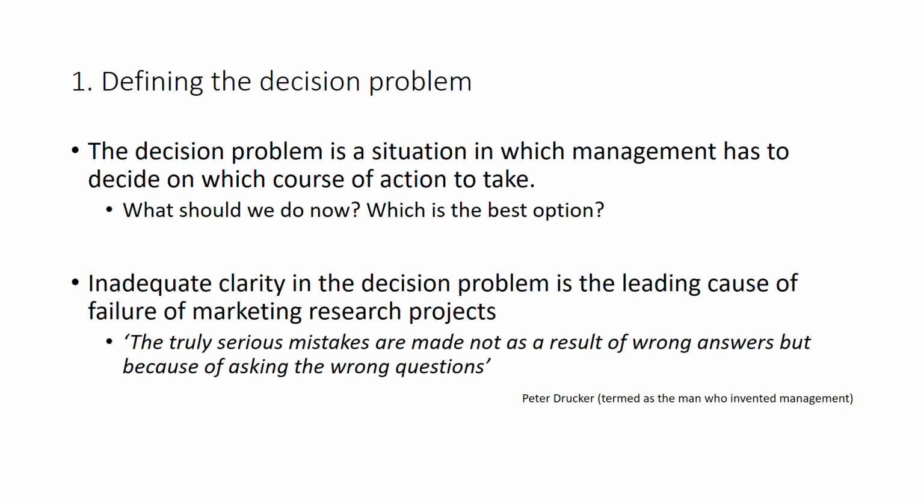And often it's at the lack of clarity in the decision problem stage that leads to a failure of the marketing research projects. So I've talked about the new Coke case, but there are numerous examples of research being done to answer questions that don't address the core or the causative problem that the marketer is facing.